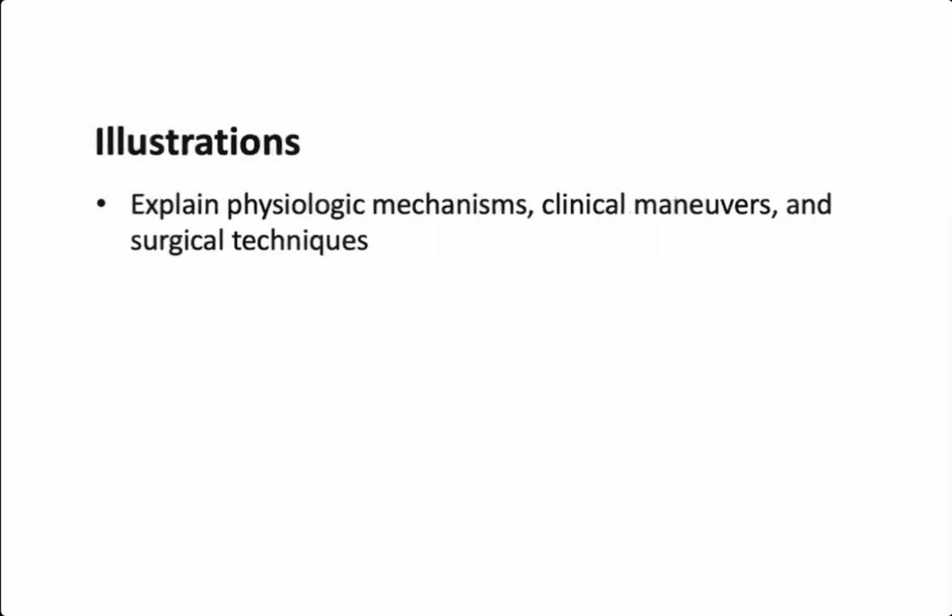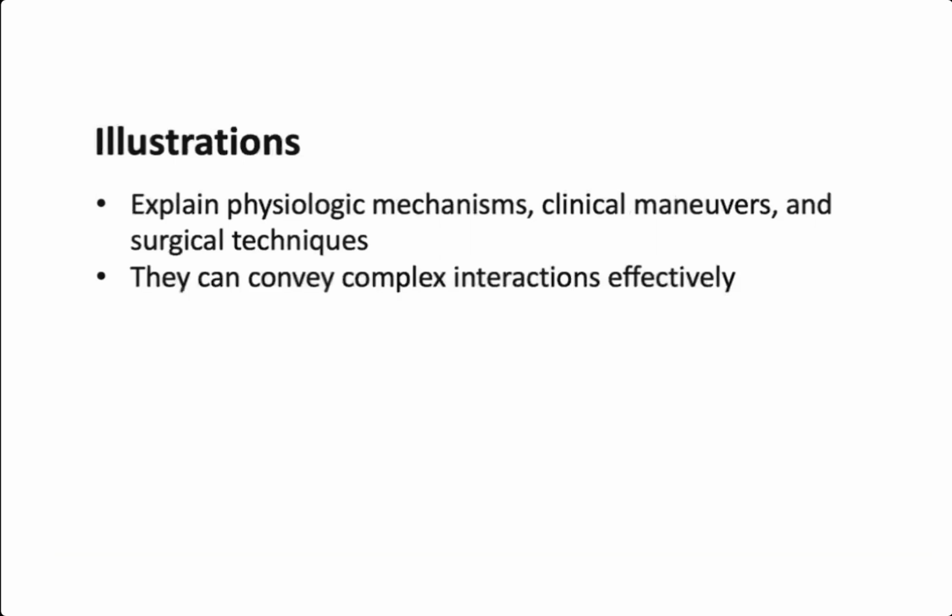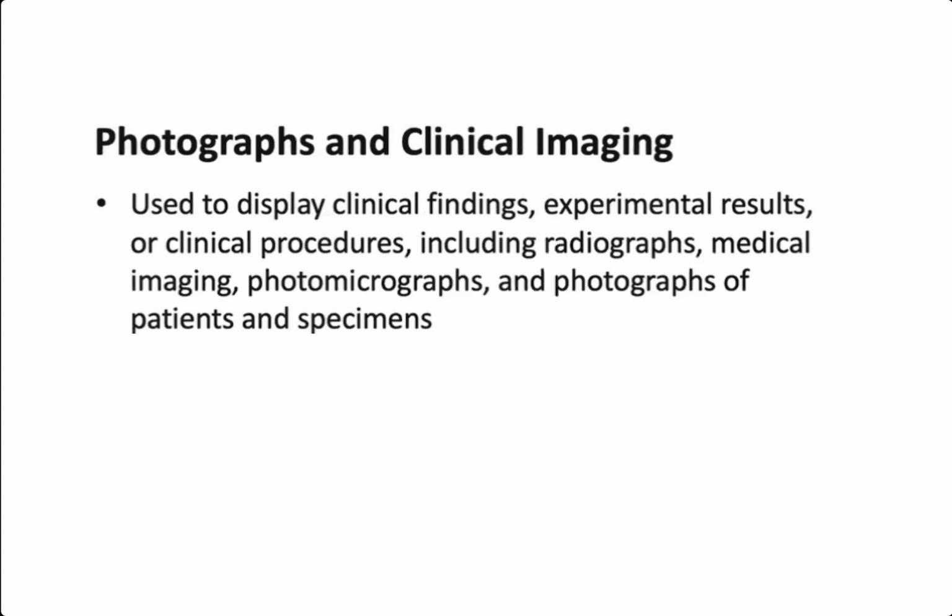And then illustrations are very useful for explaining physiologic mechanisms, clinical maneuvers, and surgical techniques. They can convey complex interactions effectively. Photographs and clinical imaging are used to display clinical findings, experimental results, clinical procedures, including radiographs, medical imaging, photomicrographs, and photographs of patients and specimens.